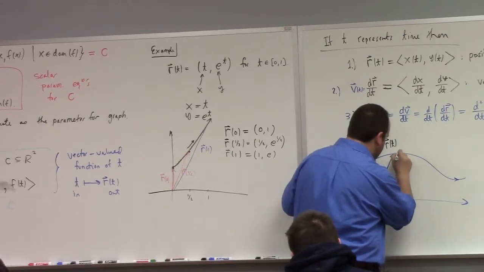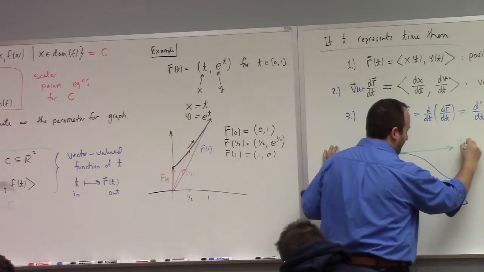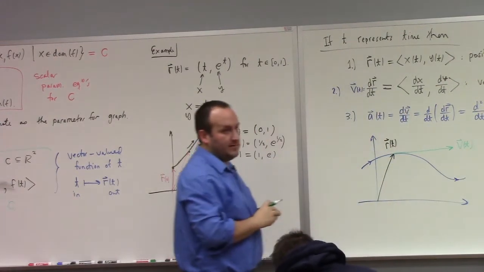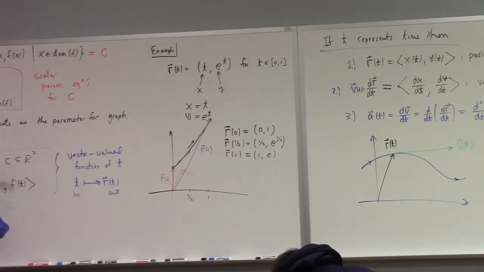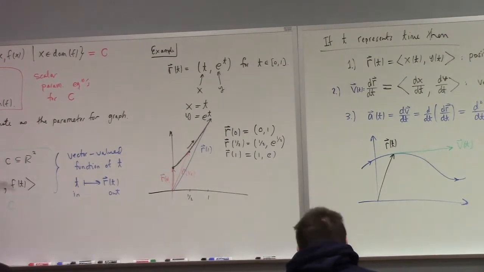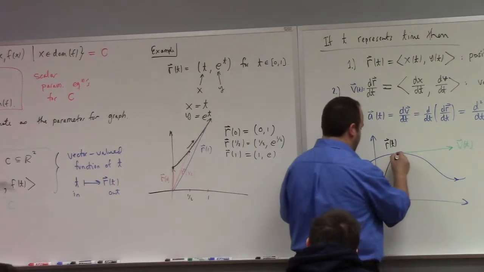So the velocity points like this, at that point anyway. The velocity points tangent to the curve. Acceleration is a little bit trickier, but it probably points something like this for this one.